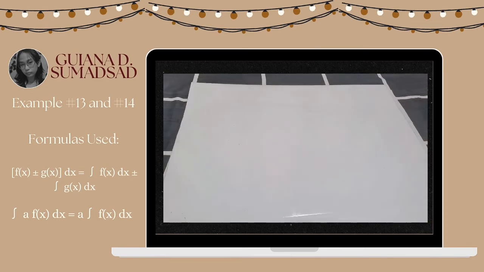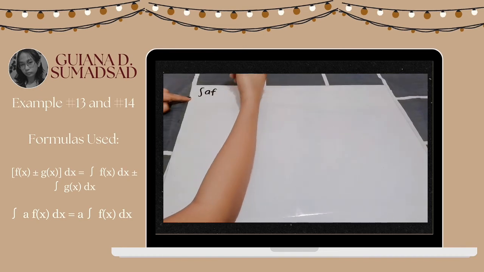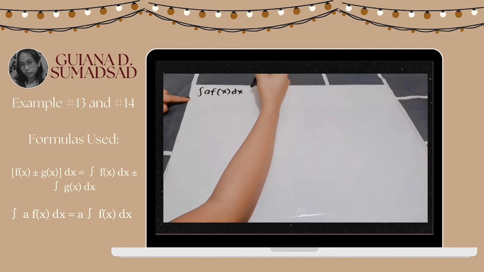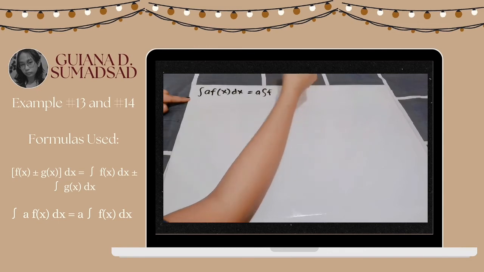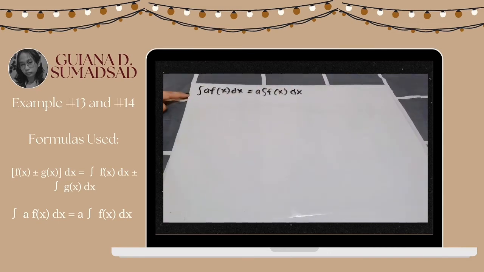For the number 14, this is the formula used. So it will be integral of a f of x dx is equal to a integral f of x dx. So this formula, this is where a is any constant and f is a function.